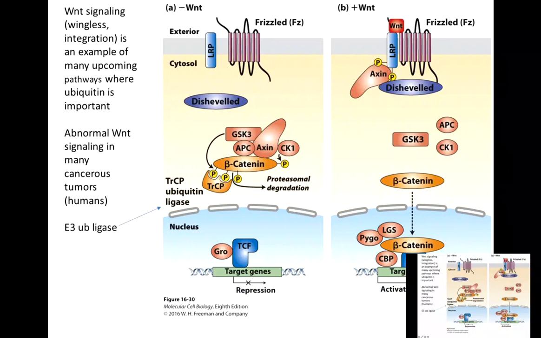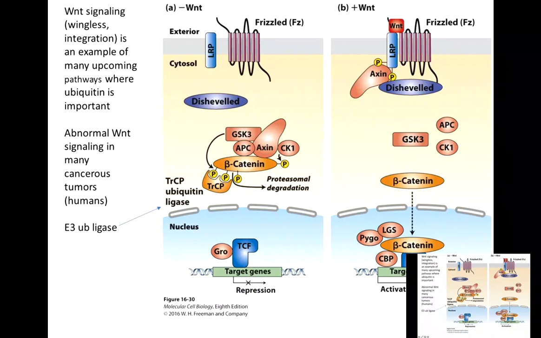When GSK3 is bound to beta-catenin with these other proteins, APC, axin, and CK1, its activity for phosphorylating beta-catenin goes way up, like 20,000 fold, versus when they are not there.